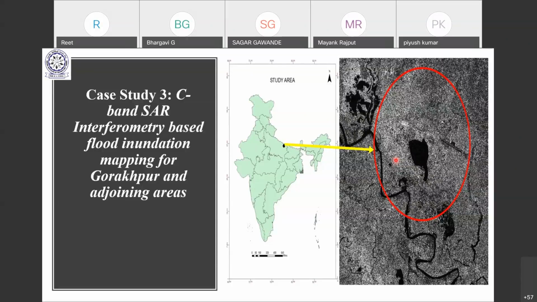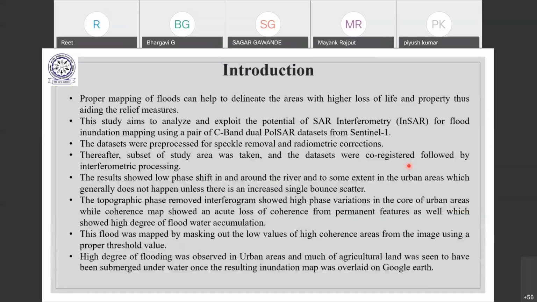So this study aims to analyze and exploit the potential of SAR interferometry for flood inundation mapping using a pair of C-band dual polarized data from Sentinel-1. The data sets were pre-processed for speckle removal and radiometric correction.